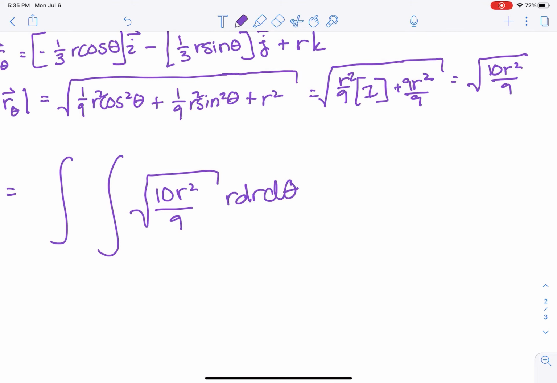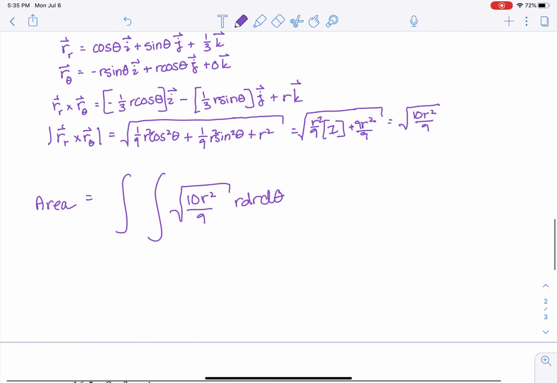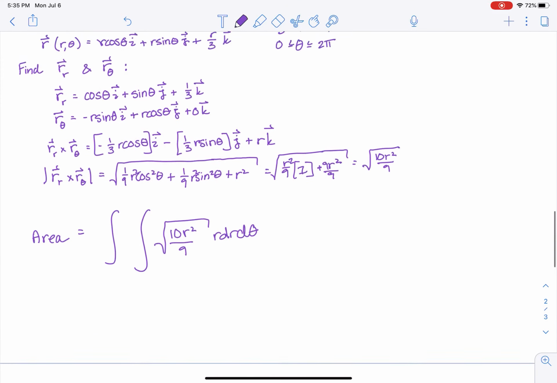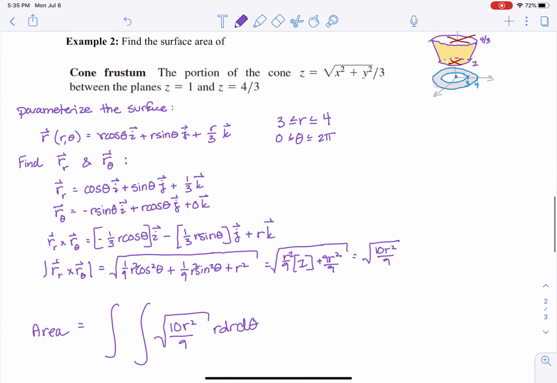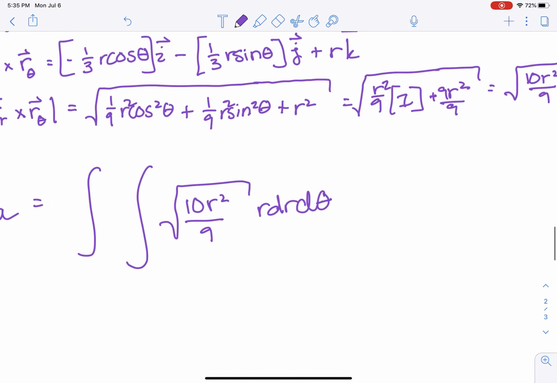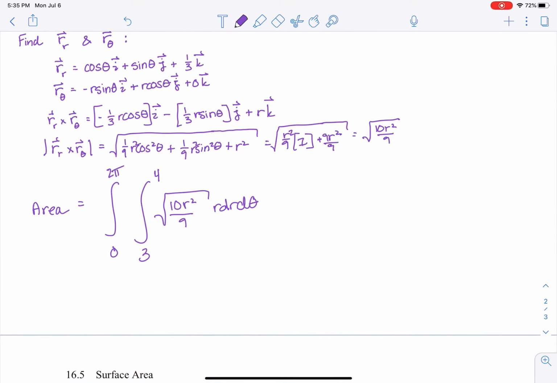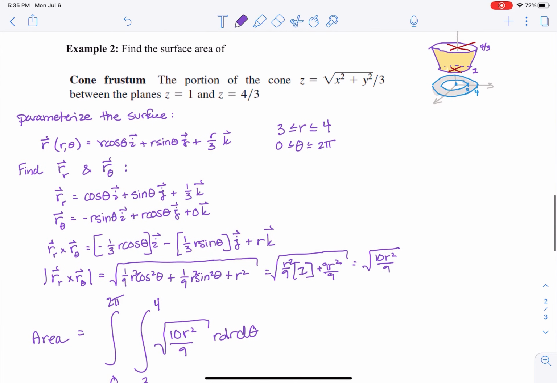And now the bounds on r and theta have to be between 3 and 4 and 0 and 2 pi. And that's what we established up here at the top for our bounds on r and theta.